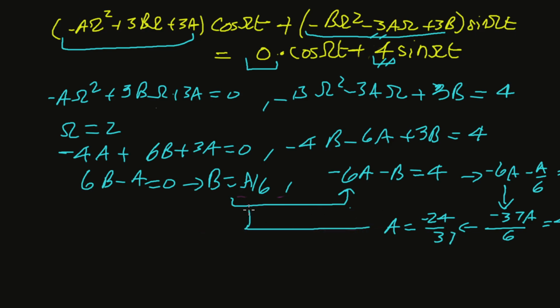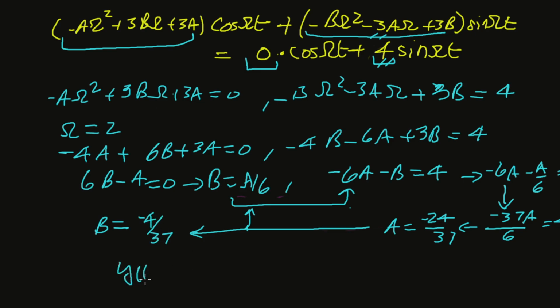We'll take it back to this, and now b is going to be negative 24 over 37 times 1/6. Negative 24 divided by 6, negative 4 over 37.